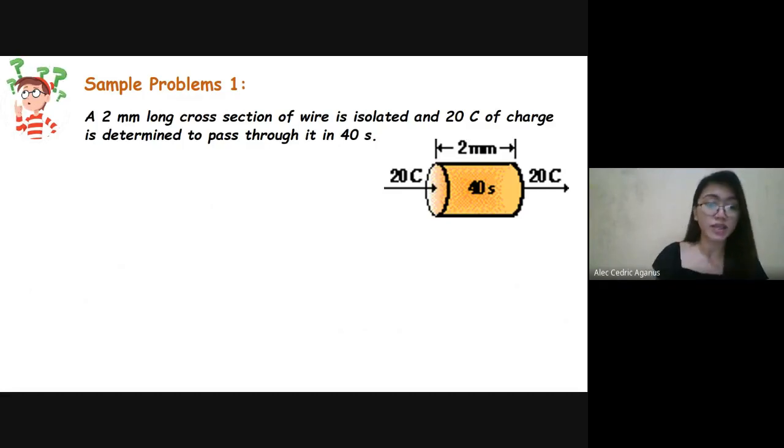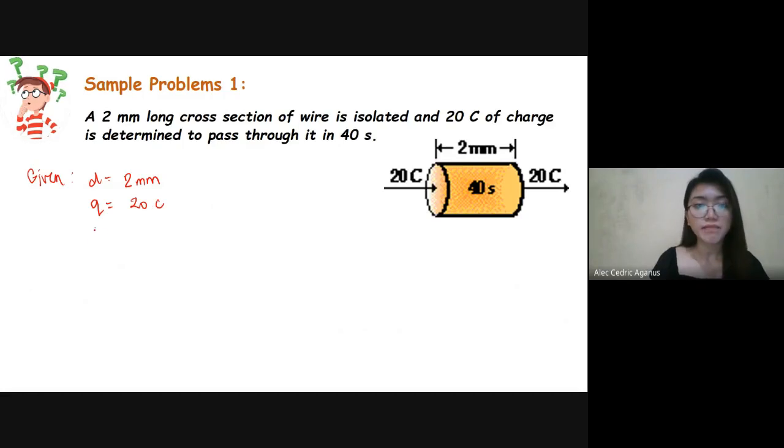First, write the given. We have distance equal to 2 millimeters, charge equal to 20 coulombs, and time equal to 40 seconds.